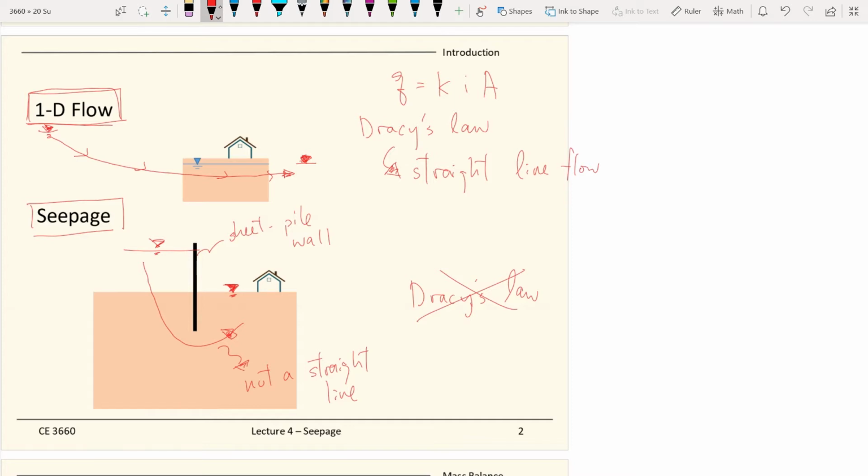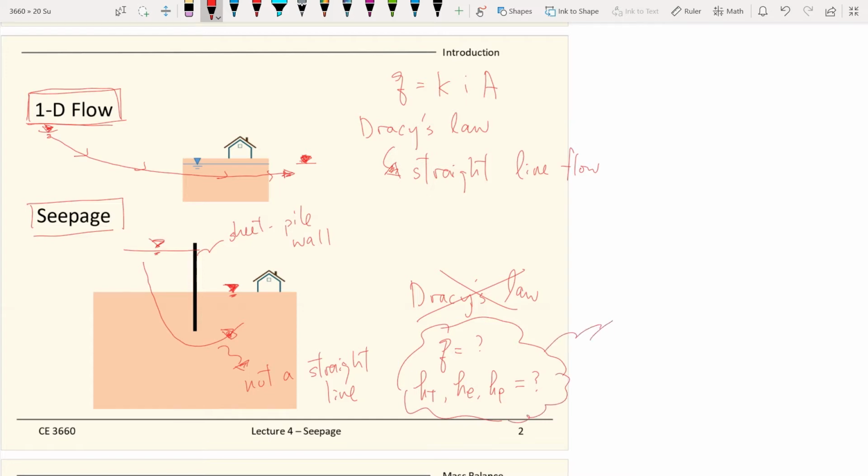Like in the previous lecture, we need to find out the flow rate, Q equals KIA for Darcy's law, but now it's not working. So we want to find out the flow rate. And remember, in the previous lecture we spent a fair amount of time finding all the heads: the total heads, the elevation heads, and the pressure heads. We still want to find those parameters, but now Darcy's law doesn't work, so we need something else.